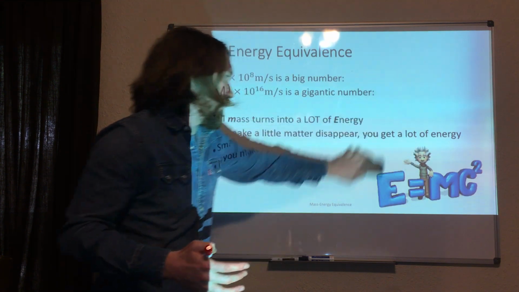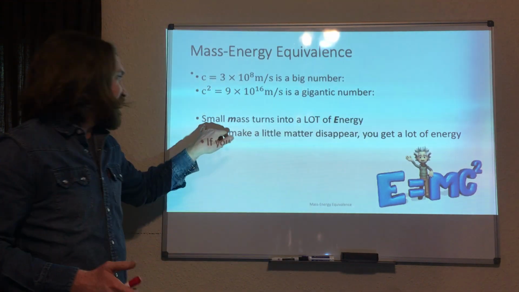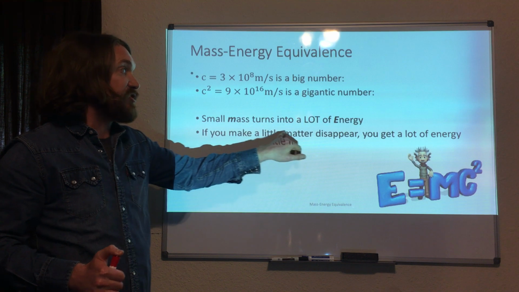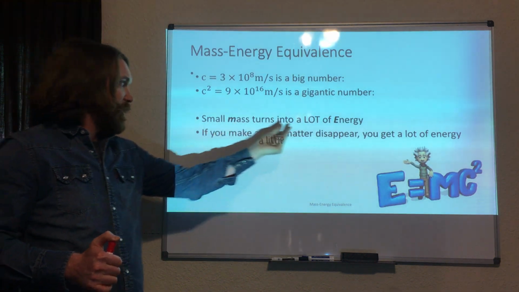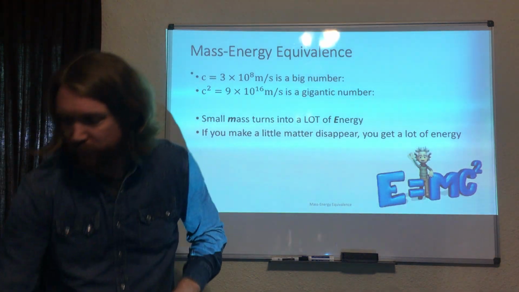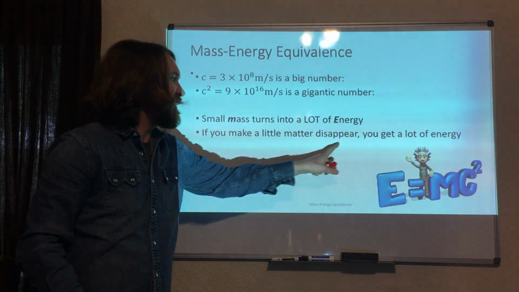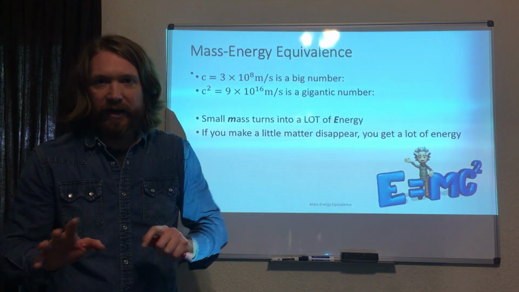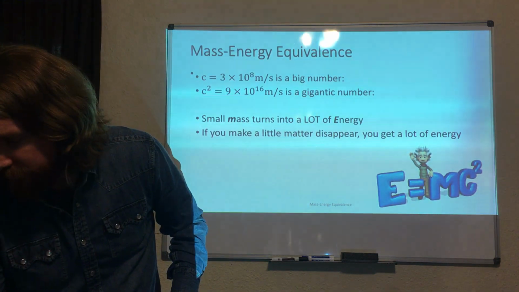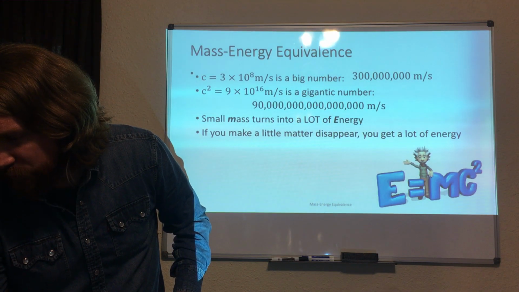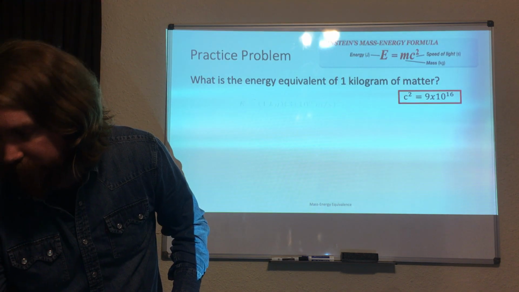E equals mc squared tells us that a small amount of mass turns into a lot of energy, m into E, okay? All right, and ignore this. If you make it disappear, it's not disappearing, okay? It's being converted.